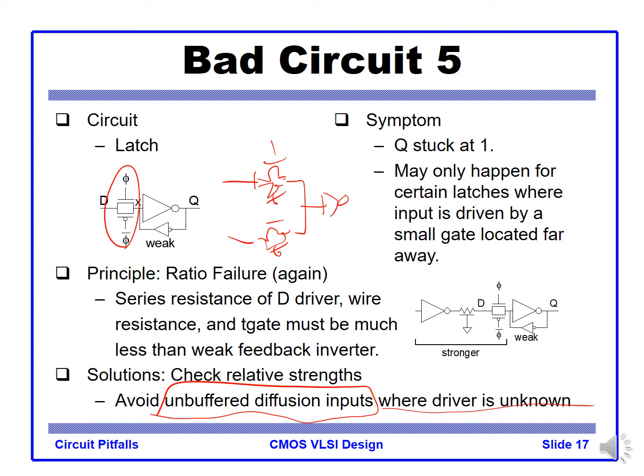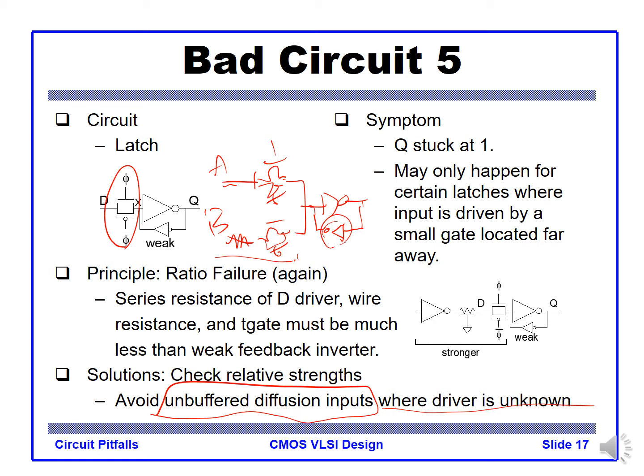This circuit is also very sensitive to wire resistance, and the speed is limited by wire resistance, right? And also if you have a small feedback inverter there, it may even have a high chance of failure.